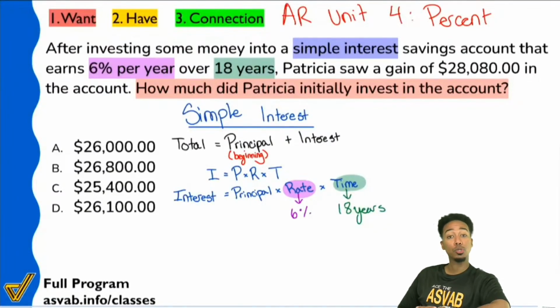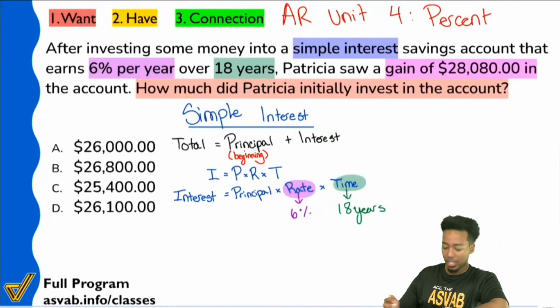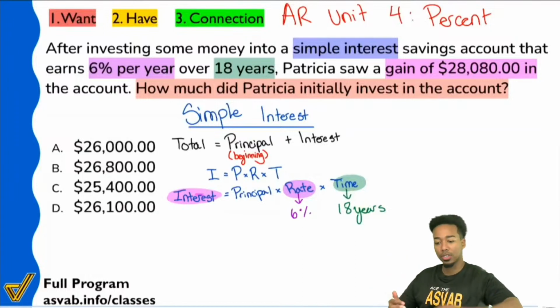Yeah, that's going to be interest. Because notice that if it was the principal, that would be what happened at the beginning. And that's actually what we're looking for. A gain of $28,080, that's the interest that you earned. That's what you earned on the account.